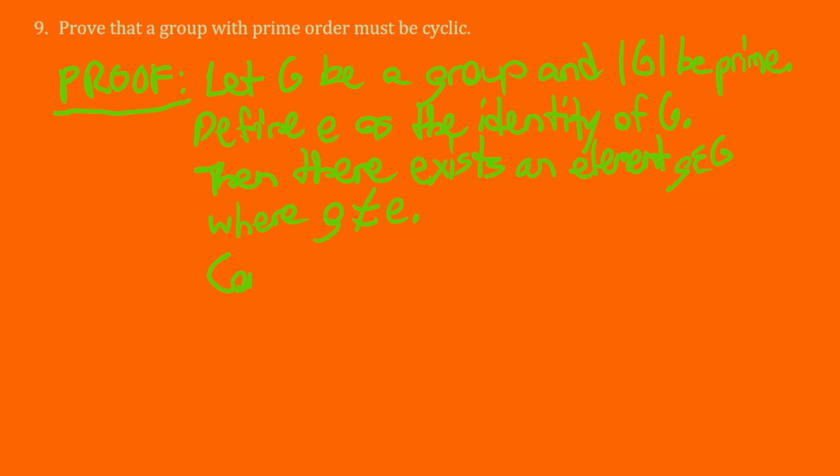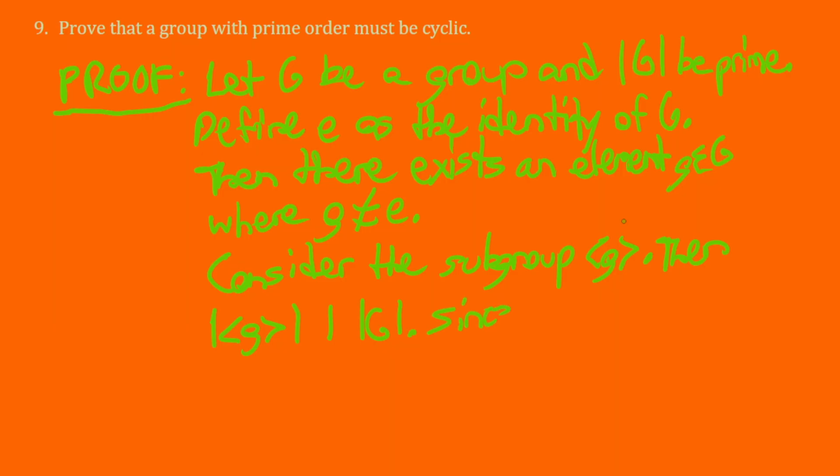So let's consider the subgroup, the cyclic group of g. Then the order of the cyclic group of g divides the order of G. If you remember, that was one of the things we covered in our theorems in the lectures.